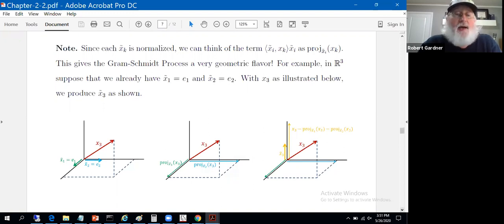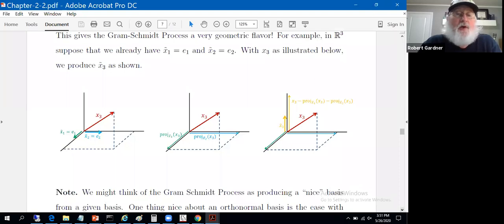All right, so what we've done is gone through the process of taking this vector x3 and projecting it onto x sub 1, which is what we would have done in the normalized case. So x sub 1 must have been a vector along the x-axis. X sub 2 must have been a vector along the y-axis. And we've projected and normalized.